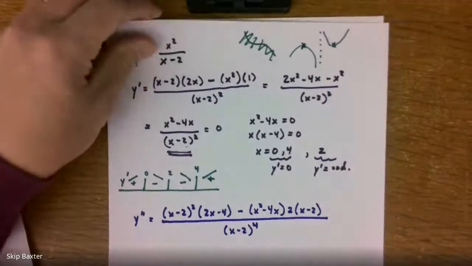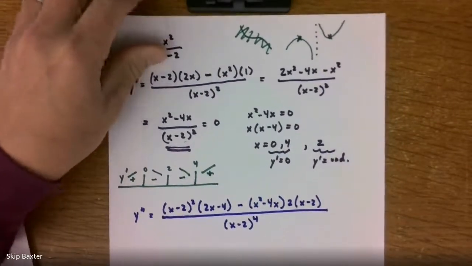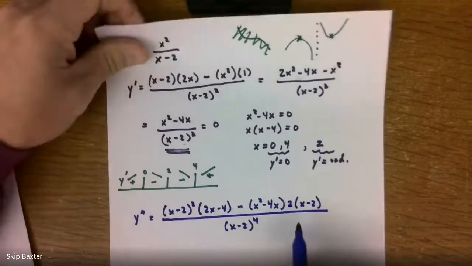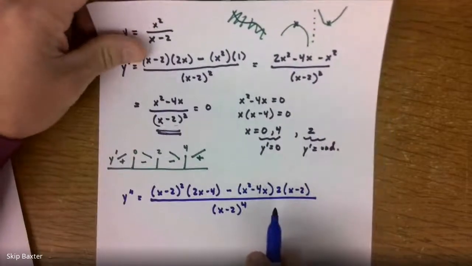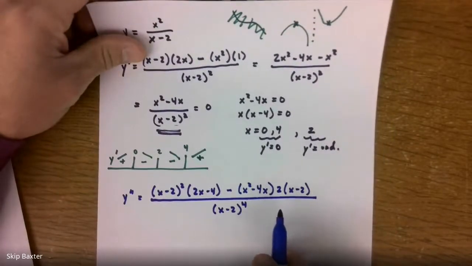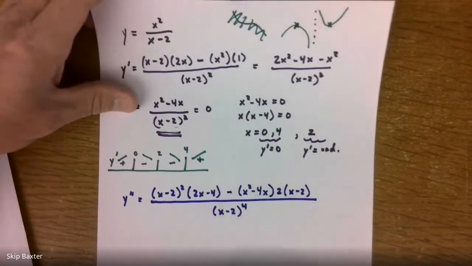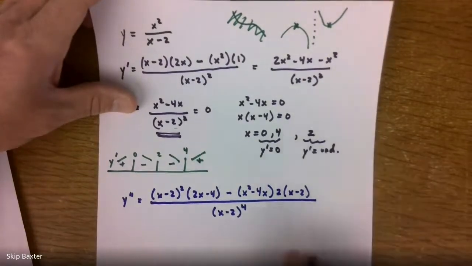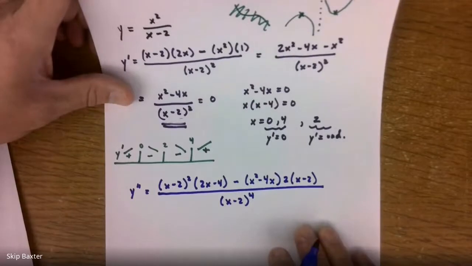I still want to determine when the second derivative is 0 or undefined or endpoints, right? Definitely it's undefined at 2. I can see that. But to determine when it's 0, let's see what's going on here. What can I do?